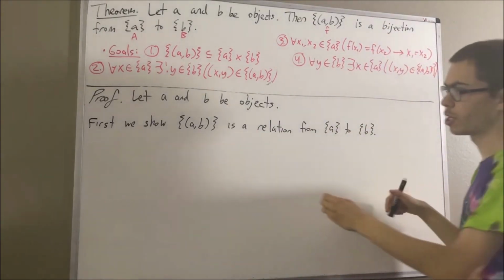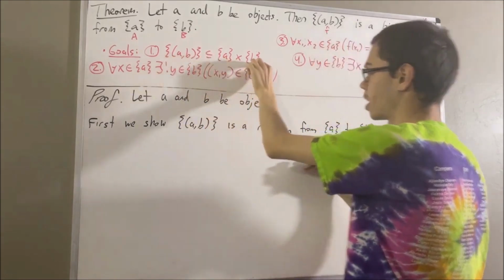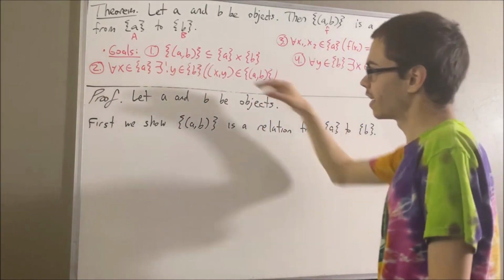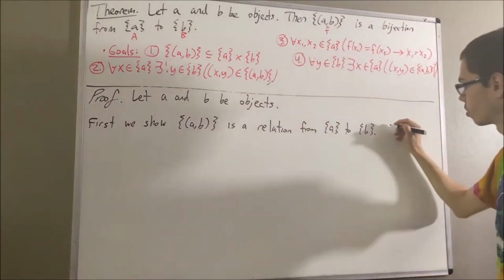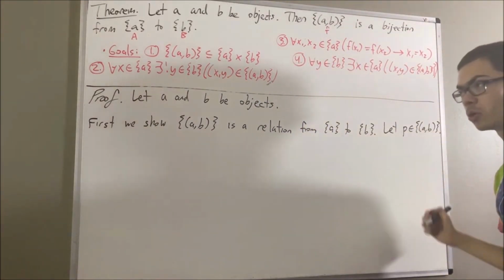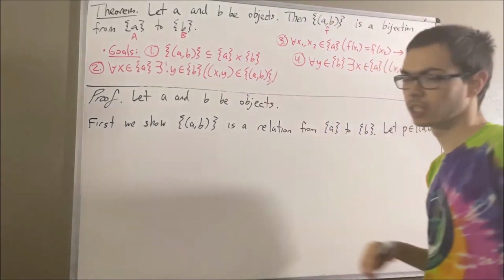In other words, we're trying to show that our set of ordered pairs is a subset of this Cartesian product. And to do that, give me an arbitrary element of our set of ordered pairs. I'll call it P. Our goal is to now show that P is an element of this Cartesian product.